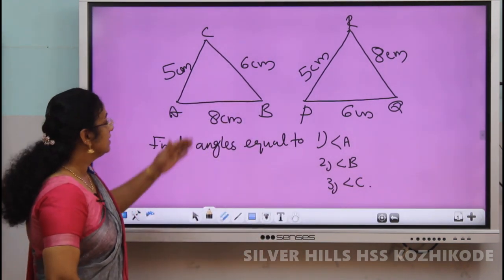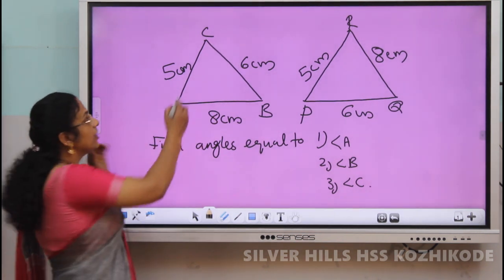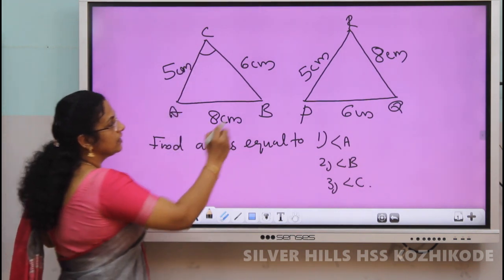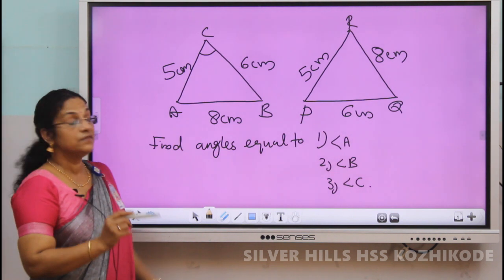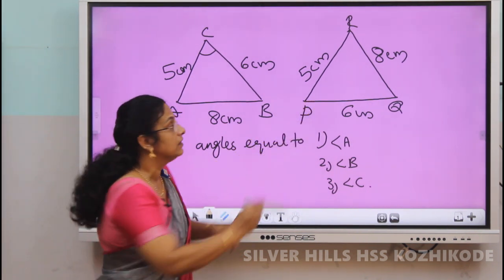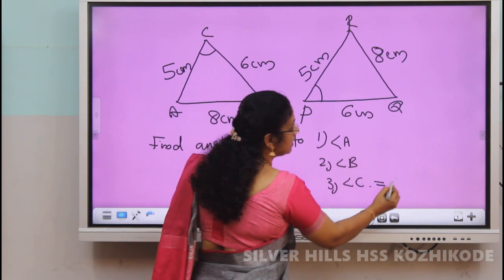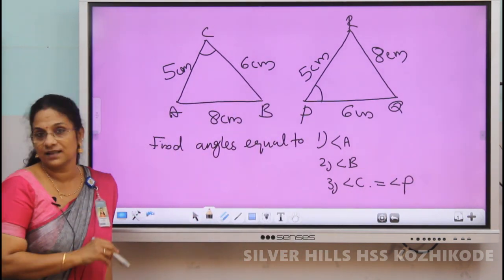For that, see children, first we can take the side 8 centimeter. Which is the angle opposite to 8 centimeter? That is C. Here, see children, we can take the side 8 centimeter. Which is the angle opposite to 8 centimeter? That is angle P. That is angle C is equal to angle P, opposite to 8 centimeter.